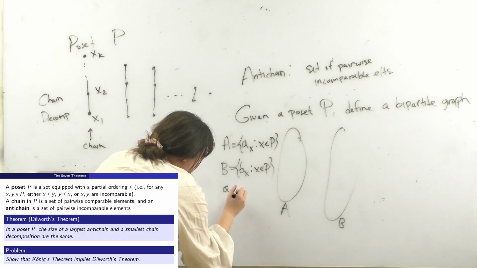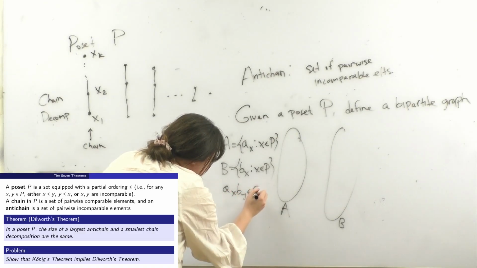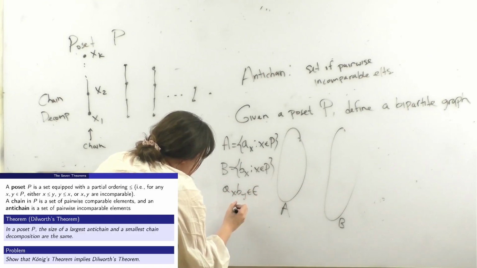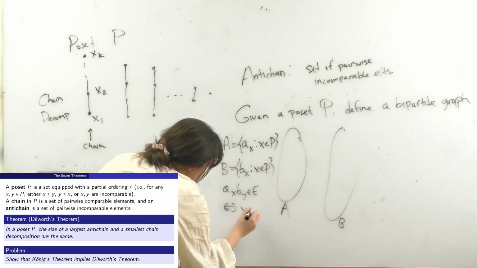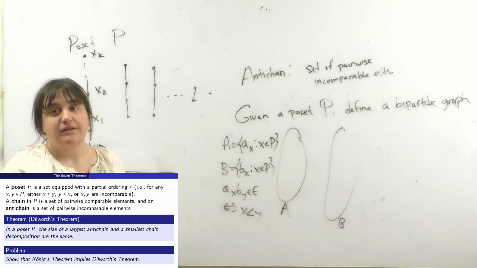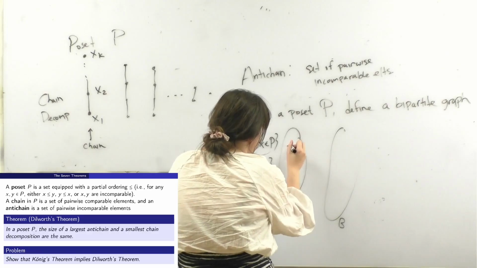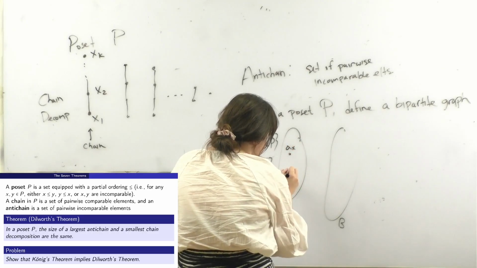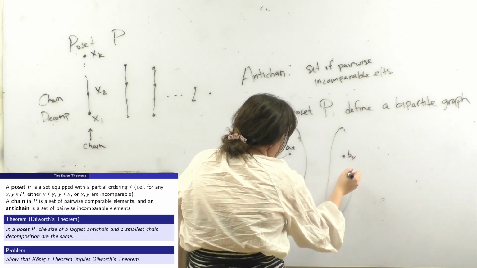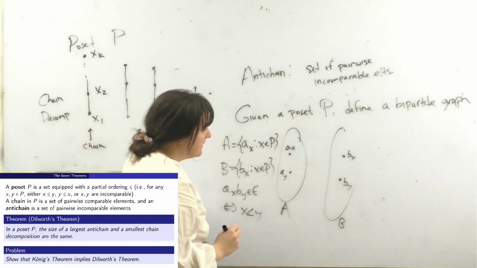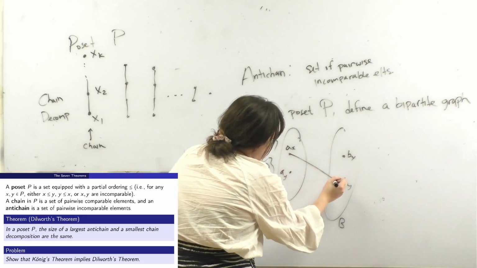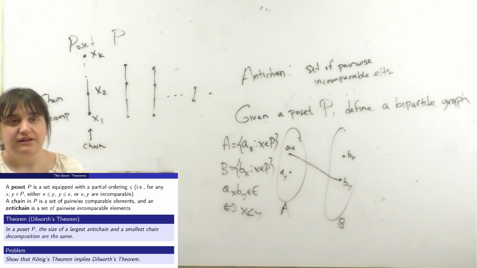And a_x b_y is an edge if and only if x is strictly smaller than y. So if I have here a_x, a_y, b_x, b_y, if x is strictly smaller than y, I add that edge in.